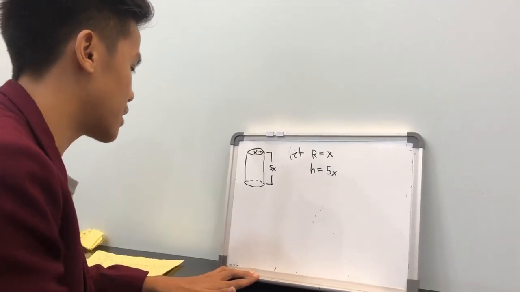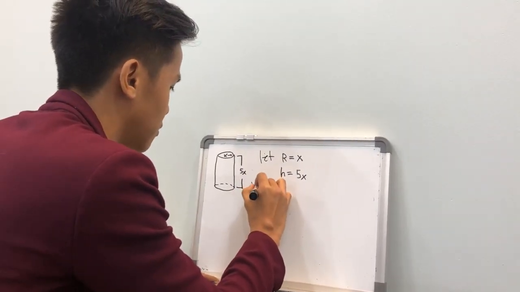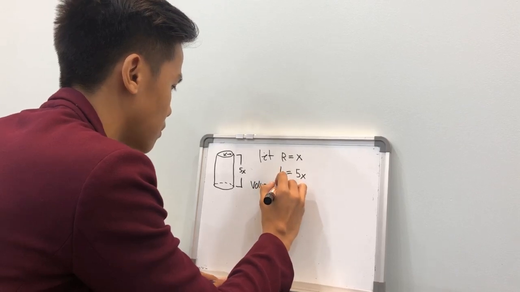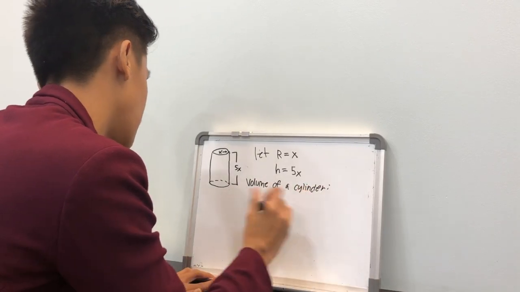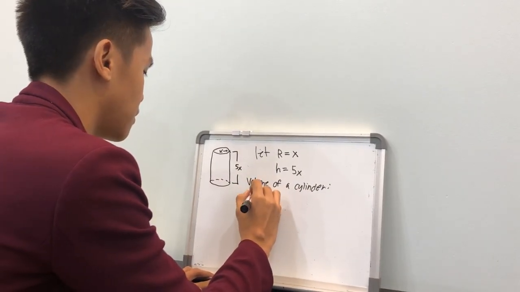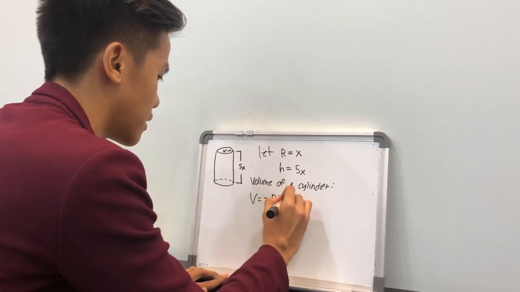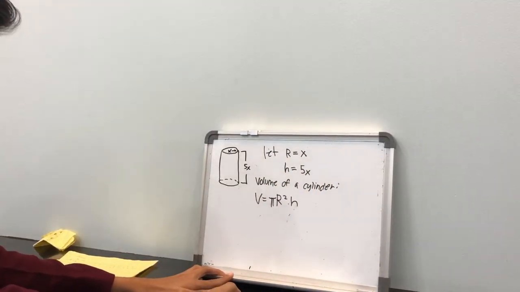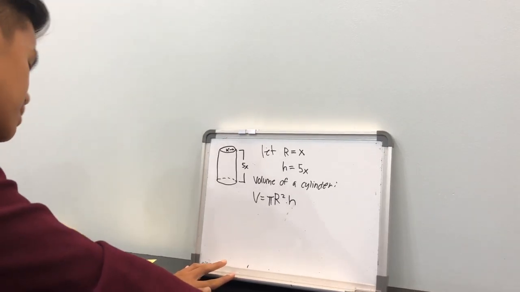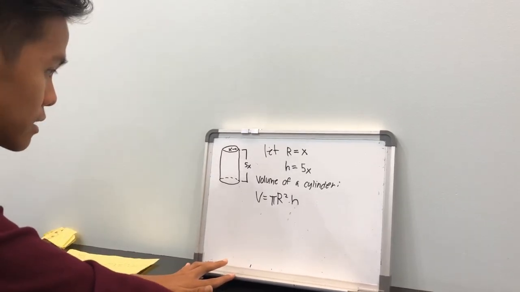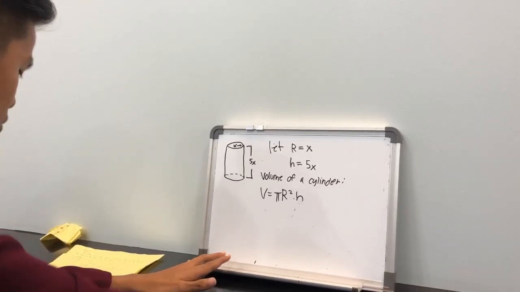The volume of a cylinder is given by V is equal to pi r squared times h, where r is equal to x and h is equal to 5x and V is equal to 355 centimeters cubed.